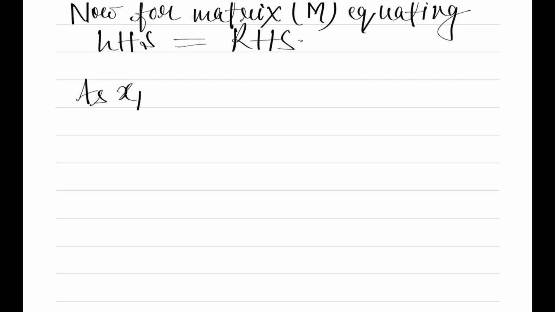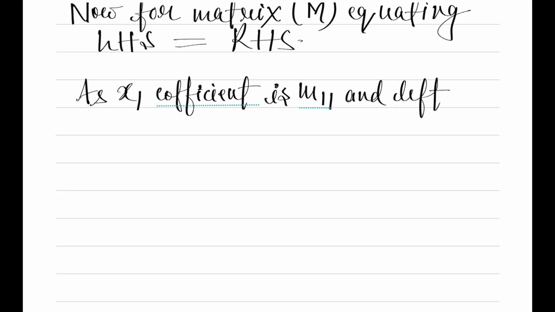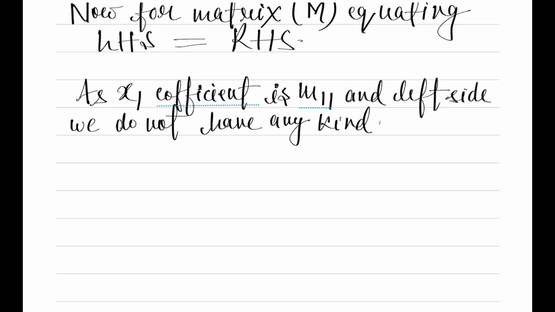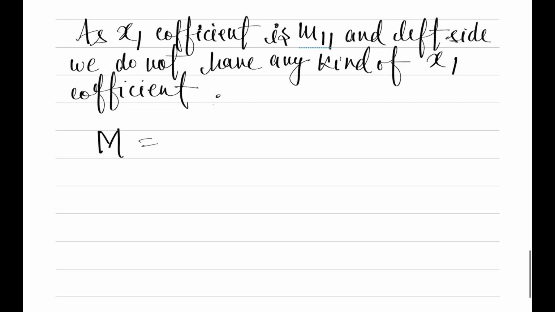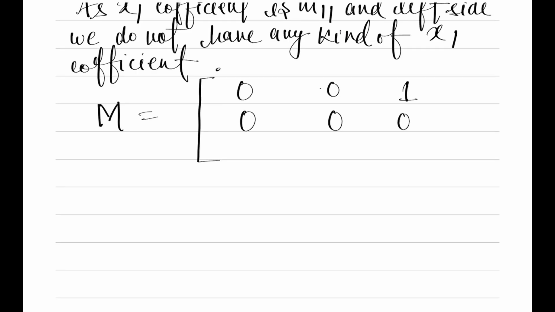As the x1 coefficient is m11, and on the left side we do not have any x1 coefficient, therefore we can write M as 0 0 1 in the first row, and the second row 0 0 0.